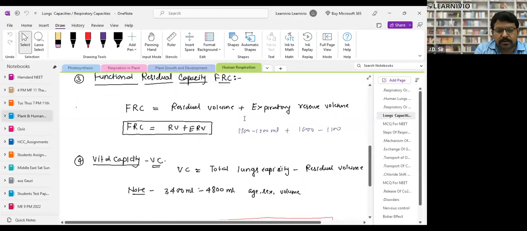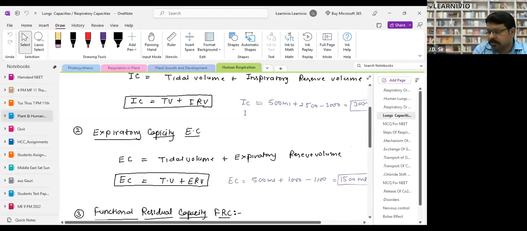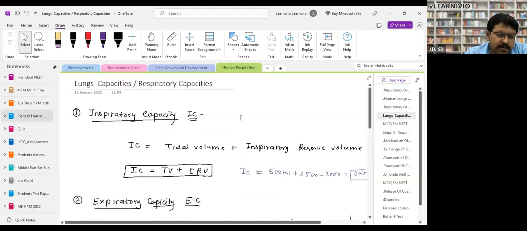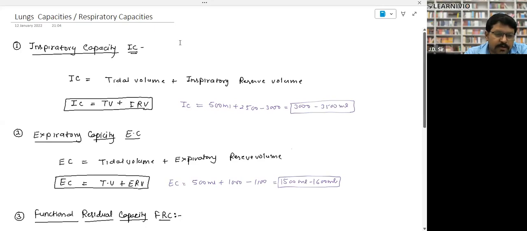Now there are some more. Fine. So inspiratory capacity. Fifth one in NCERT, inspiratory capacity. Right. So what is IC? Inspiratory capacity is tidal volume, means that 500, and IRV. So that is 500 ml plus 2500 to 3000 ml.